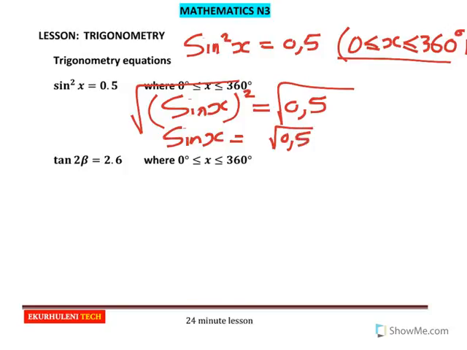You can leave it from simplifying. Then you're going to say therefore x is equal to arc sine square root of 0.5. When you have done that, what is x? Arc sine square root of 0.5.